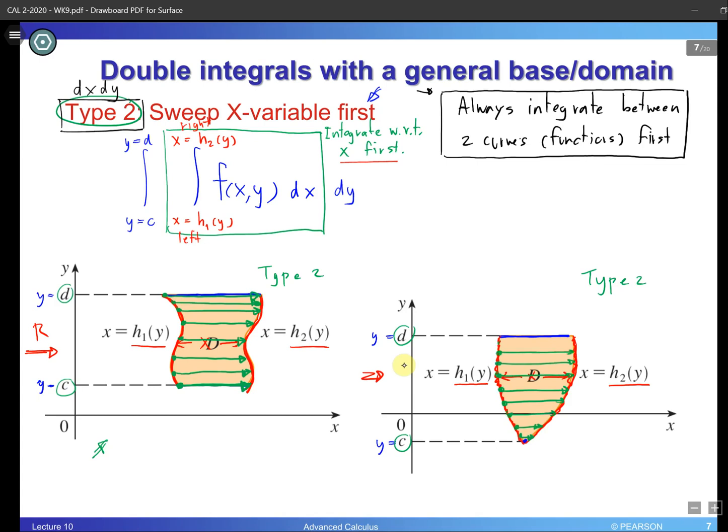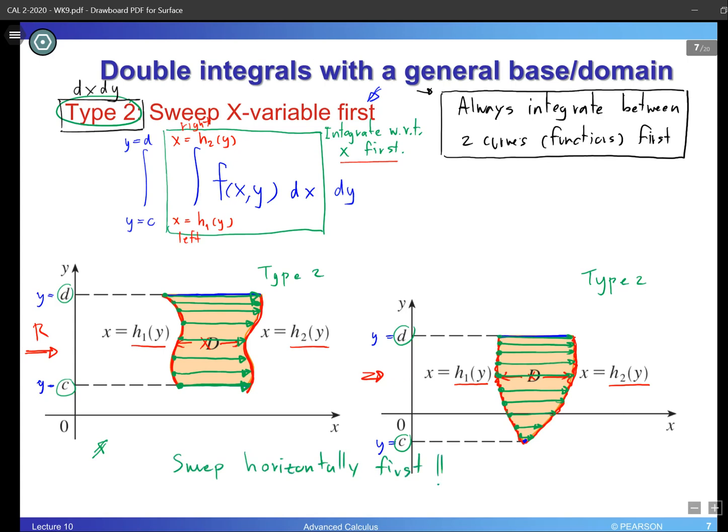Now last one, and here you can make a note down here that we sweep horizontally first here. So this represents the shape of the arrow that we have in this type 2, horizontally first in this type 2.